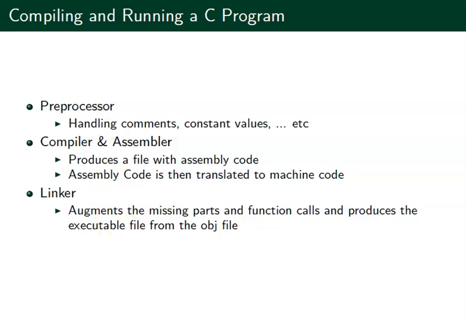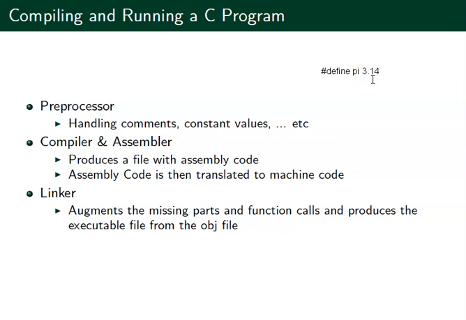For example, I can define pi as 3.14. This means that I have a constant value called pi, and its value is 3.14, so throughout my file I can actually use pi.